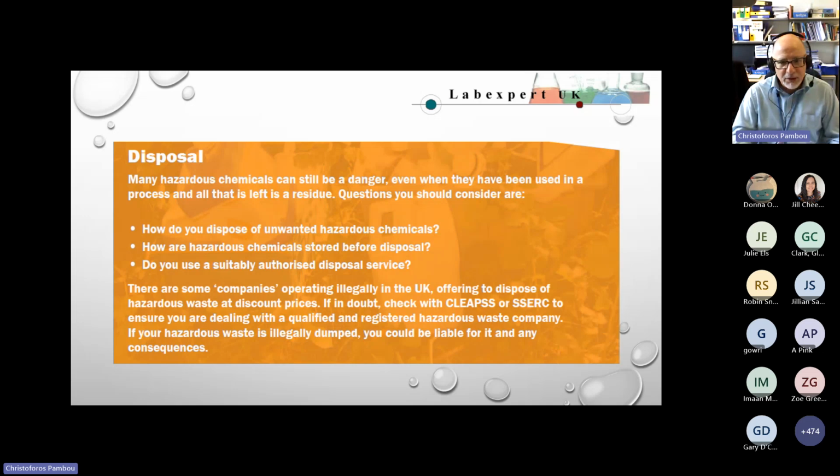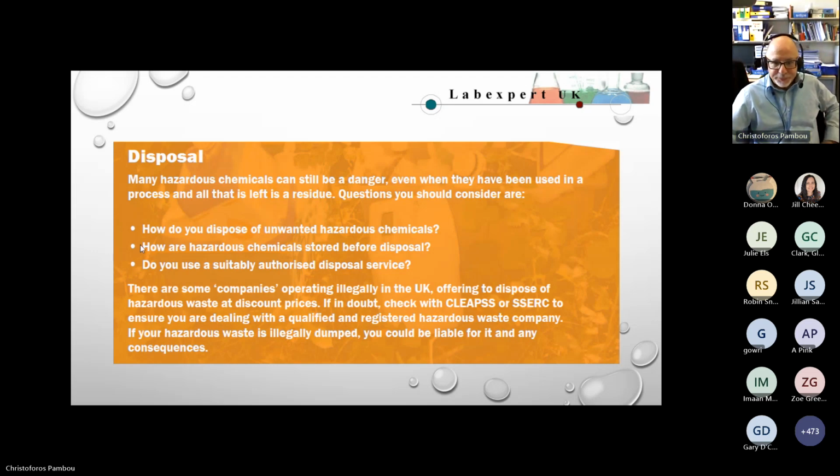One very common use chemical in schools, even in very dilute form, is copper sulfate, and we cannot pour copper sulfate down the sinks or the foul sewage, because it's harmful to the aquatic environment.